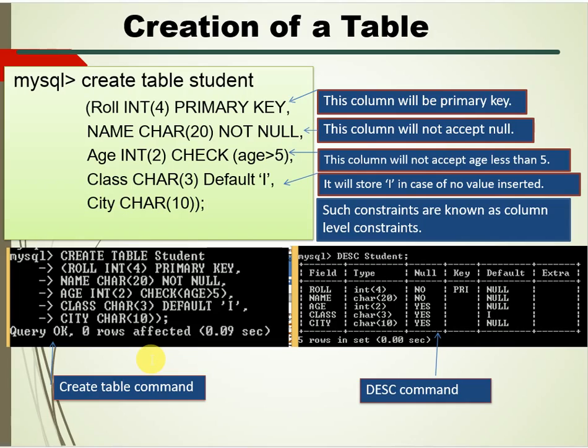Then we specify the condition: greater than 5. That means the user will never enter a value less than 5. Class character 3, default value first, city character 10. See, this is the table structure. Creating the table command and the script command. So these are the constraints you can apply at the time of creation of table.